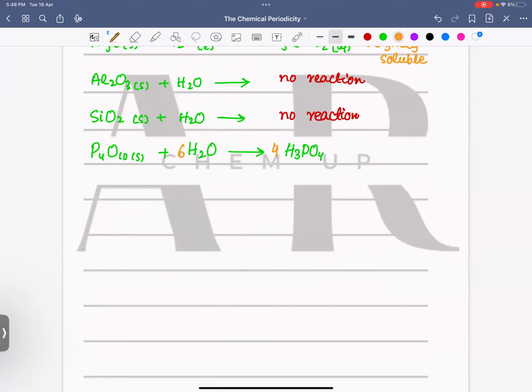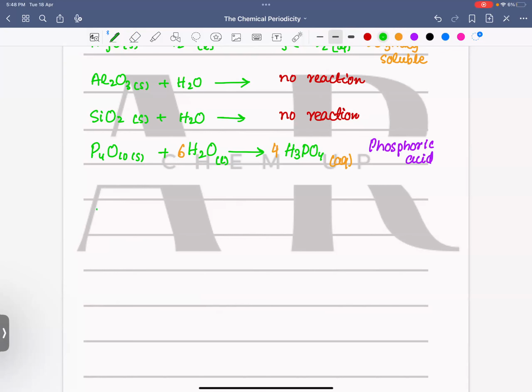Now the equation is balanced. So the acid formed over here, we call it phosphoric acid.